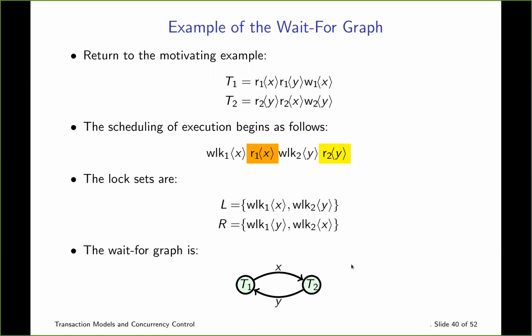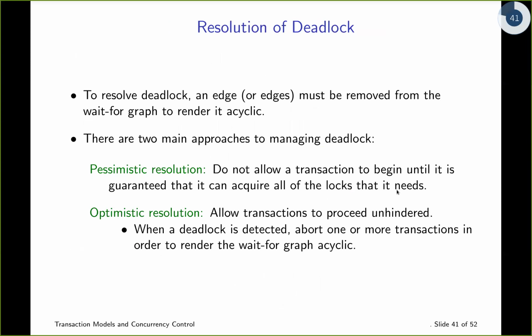Once you have a cycle in this waits-for graph, you have a deadlock situation. The way you resolve deadlock is you need to abort one of the transactions so that you force it to release its locks.